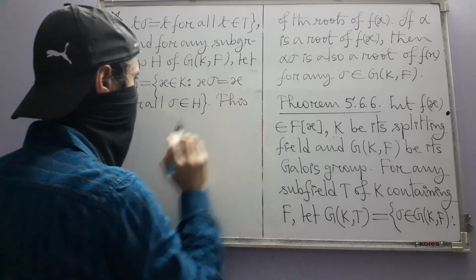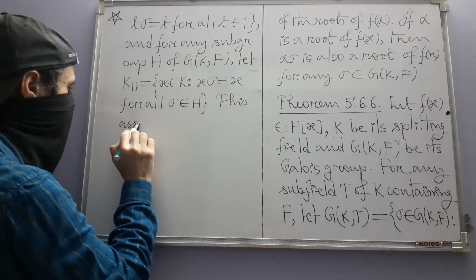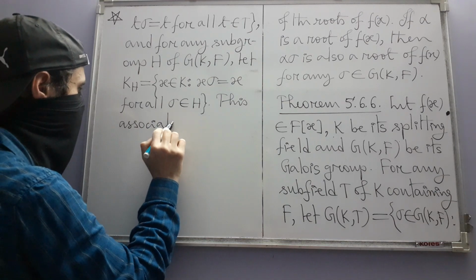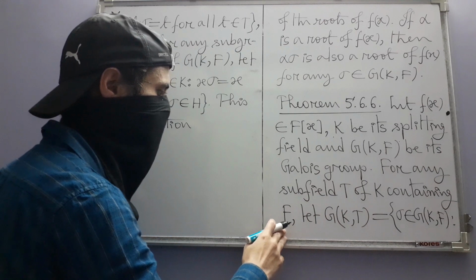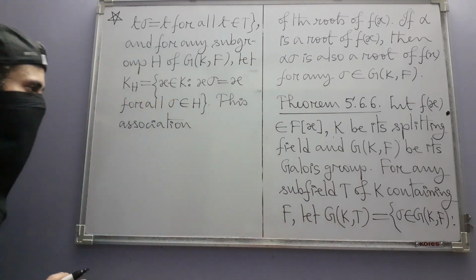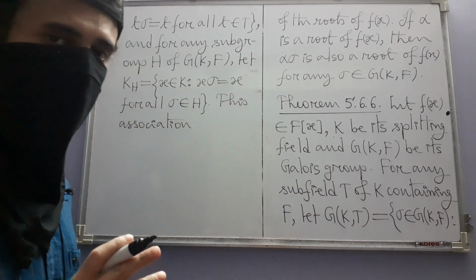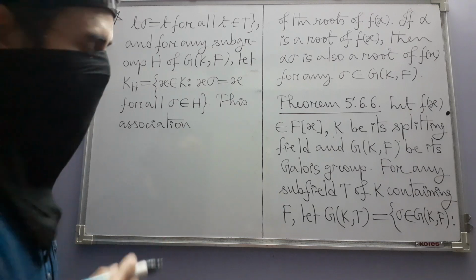This association between subfields of K containing F and subgroups of the Galois group is going to give us a one-to-one correspondence between these two sets.